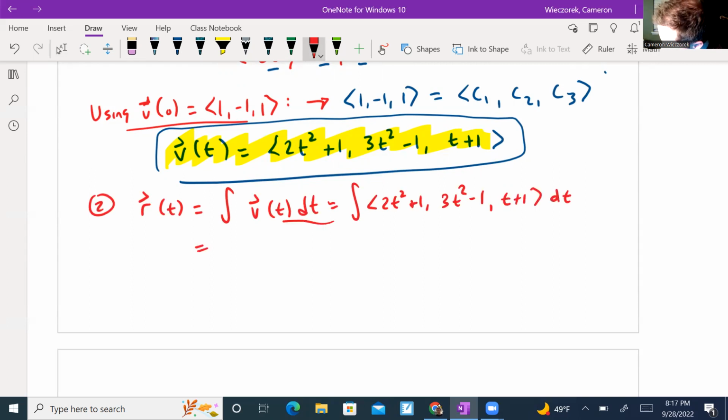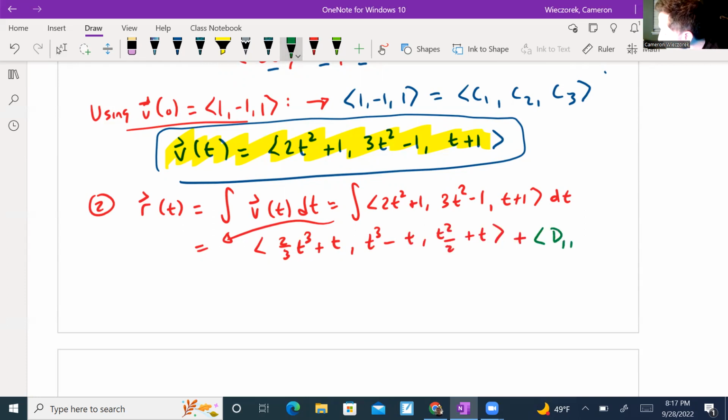Same idea, come over here. We're going to raise the power and divide: 2/3 t cubed plus t. 3t cubed over 3 would be t cubed, minus 1t would be t. And then we're going to get t squared over 2 plus t. Don't forget you have another initial condition to use, so you're going to have another constant vector.